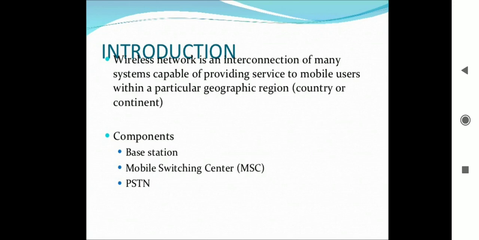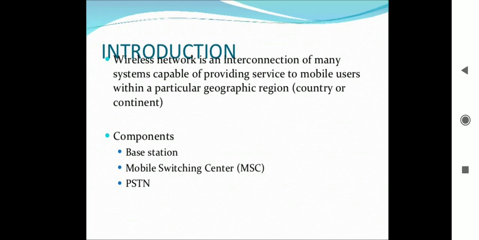A wireless network is an interconnection of many systems capable of providing service to mobile users within particular geographic regions, meaning the country or the continents which have been decided.